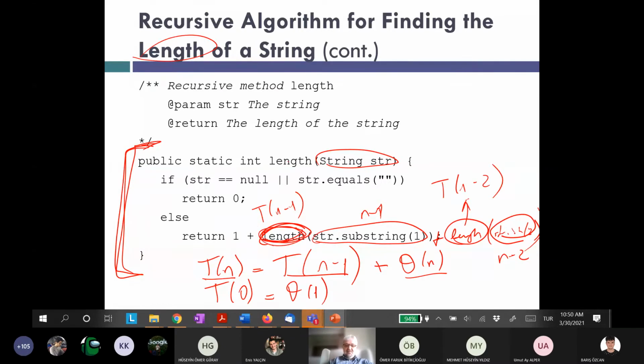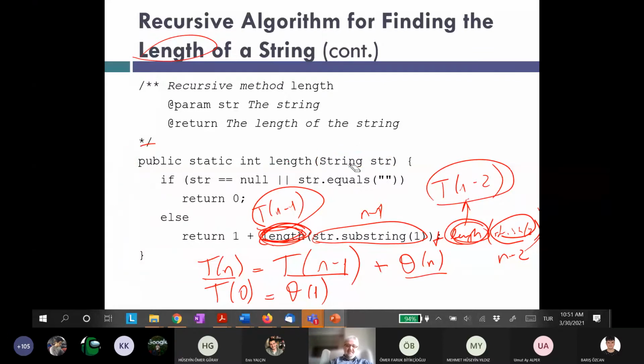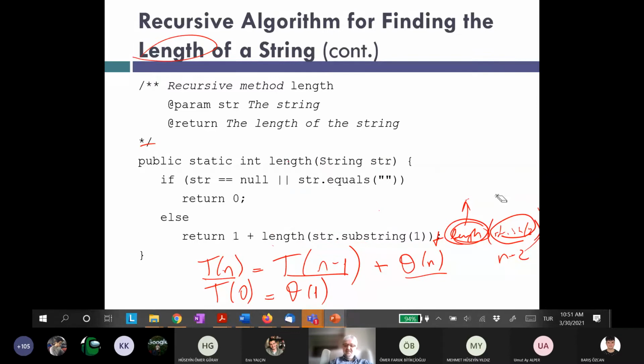So this recursive call will take T(n minus 1) time, and this recursive call will take T(n minus 2) time. Is it clear? We are going to see some examples of this later on.